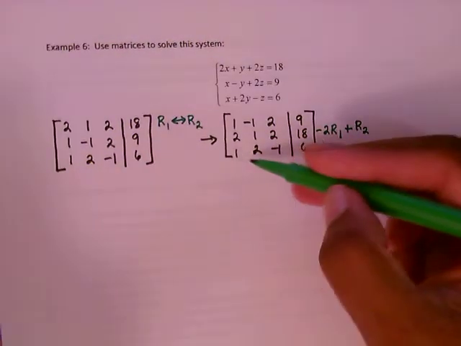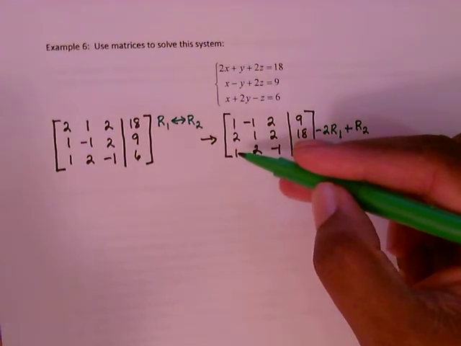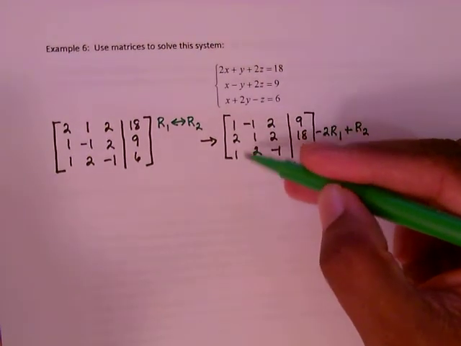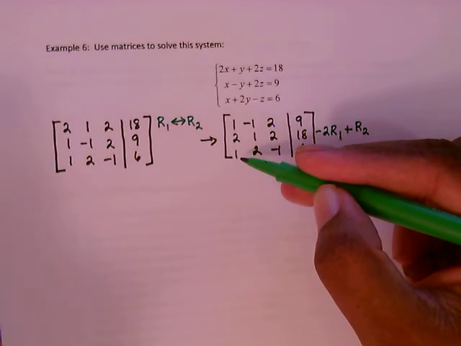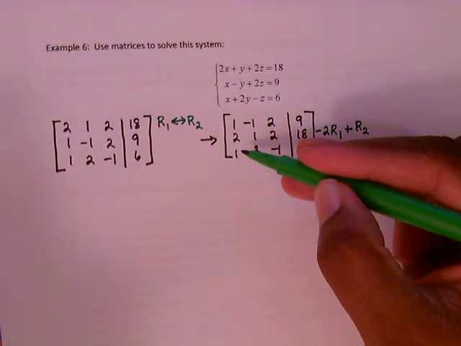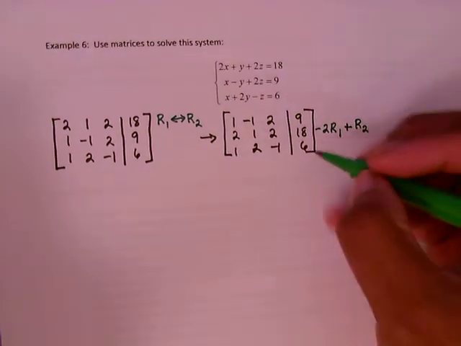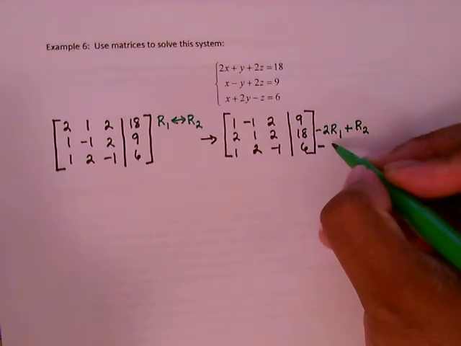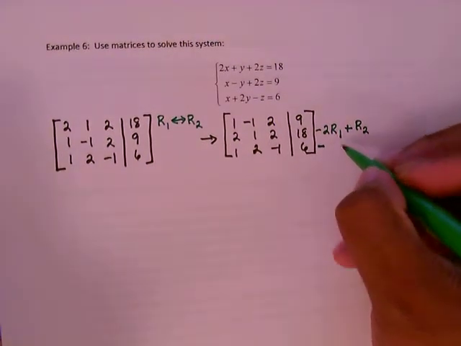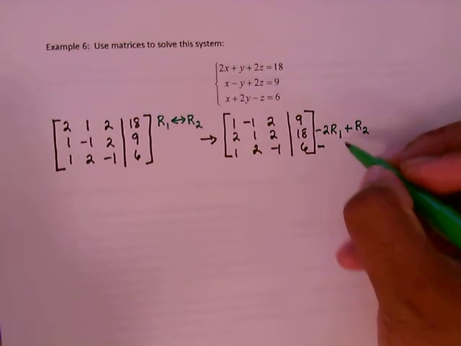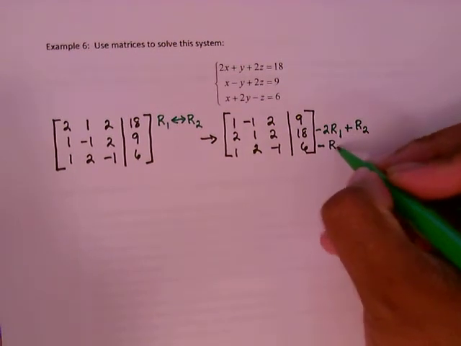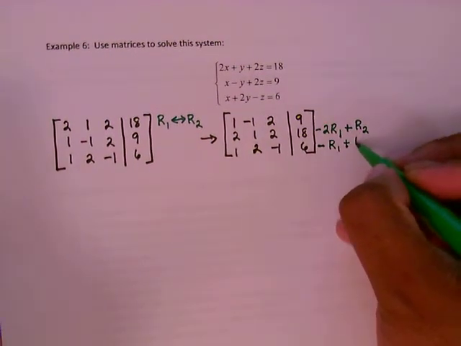Now I'm going to also do this here. Get a 0 down here as well, because I have a 1, I need a 0 here and a 0 here. Well, I can do this as a positive 1, so it would be negative 1 times row 1 plus row 3.